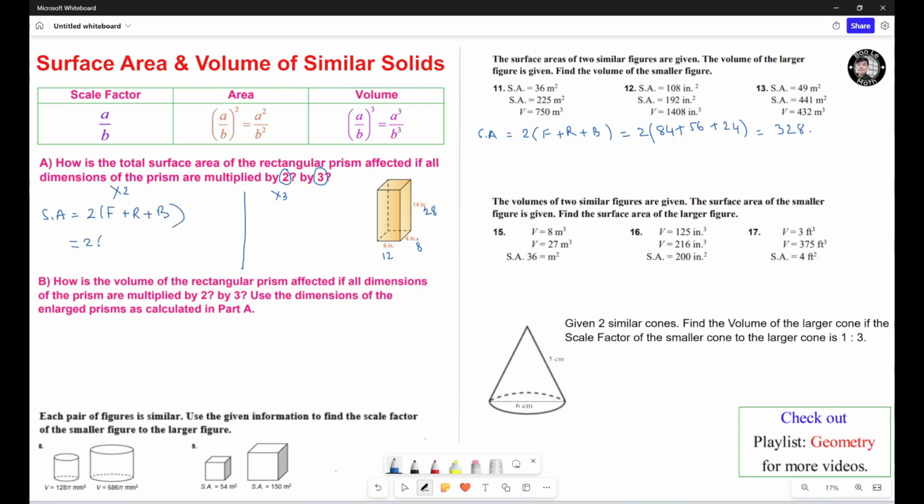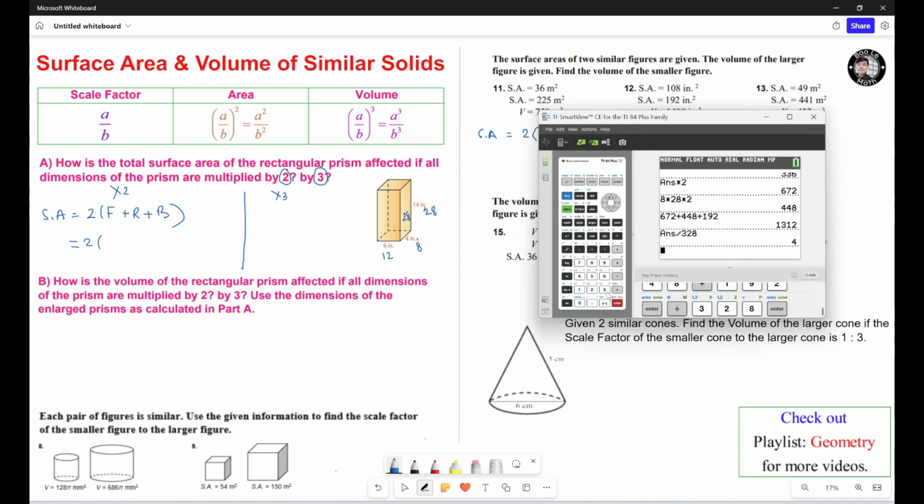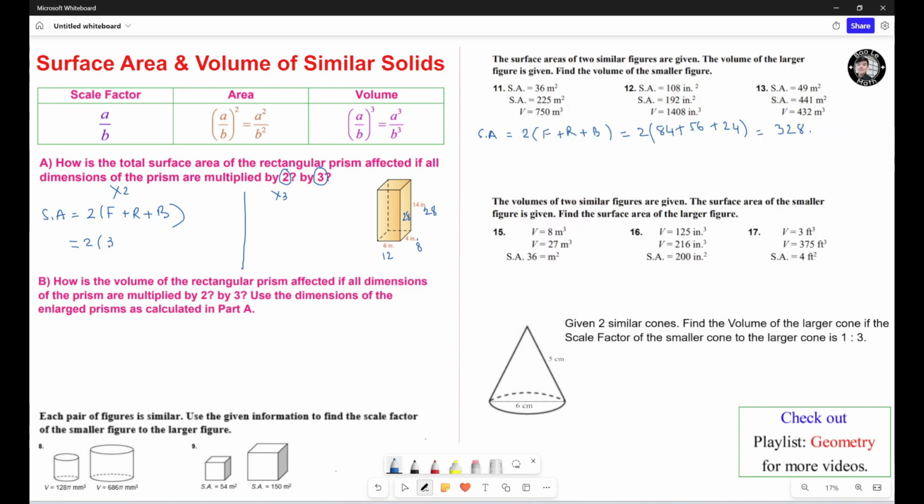Front is going to be, this is 12, this is 28. So 12 times 28. It's going to be 336.